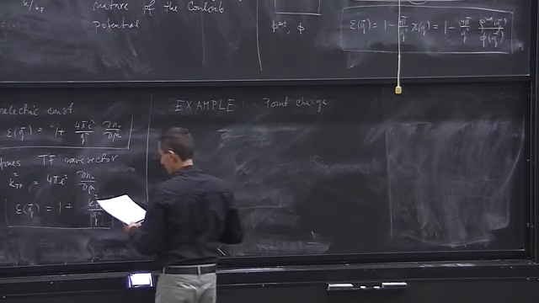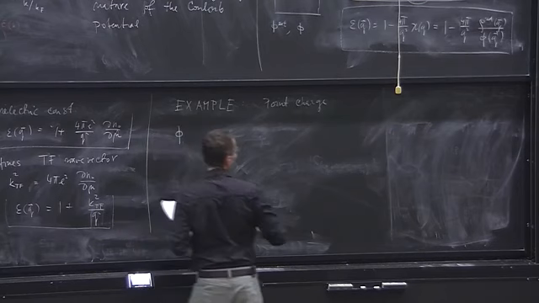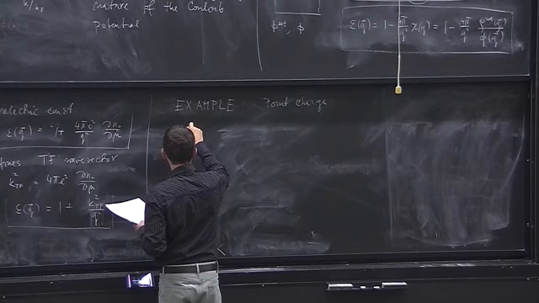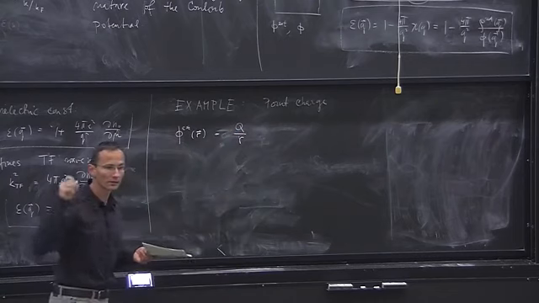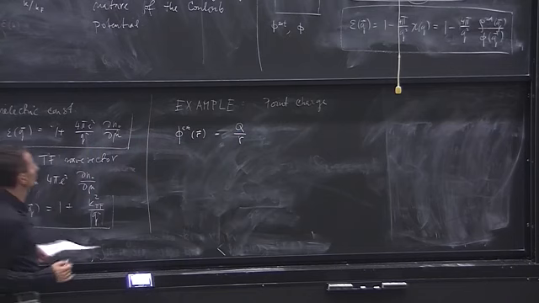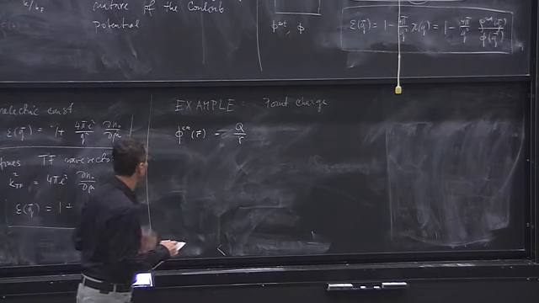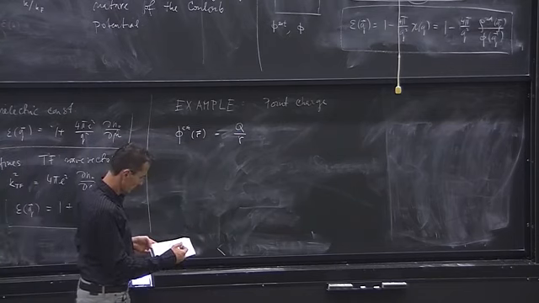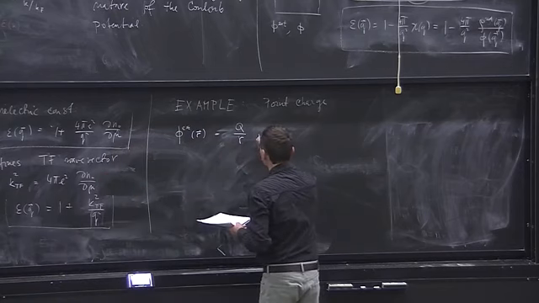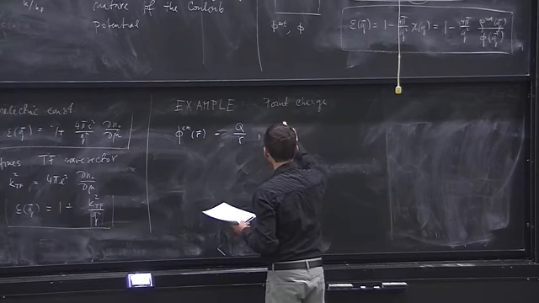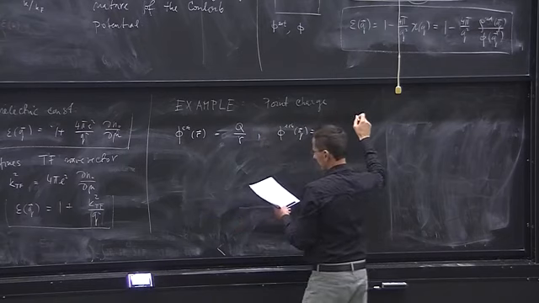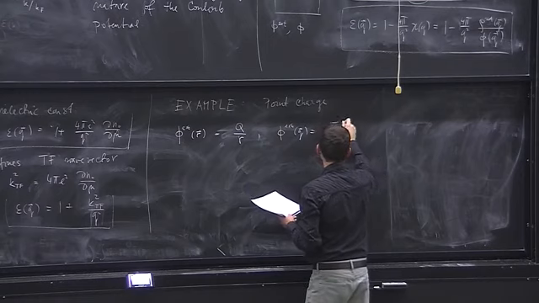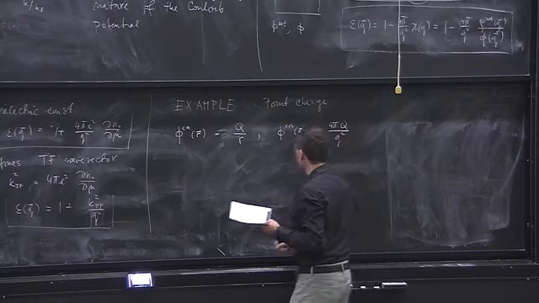So for a point charge, I have my external potential given by some charge q divided by r, right? If I just stick in a point charge q, then the potential will just be a Coulomb potential. And if I Fourier transform this into momentum space, this just becomes 4 pi capital Q over q squared.